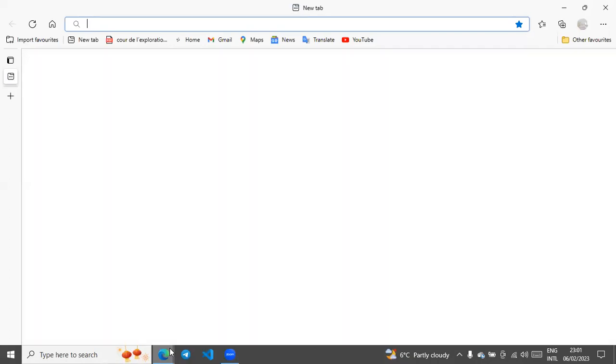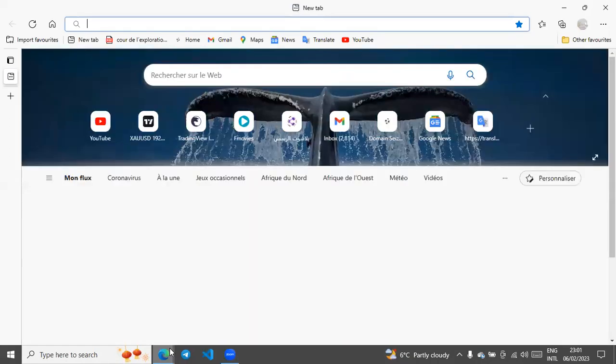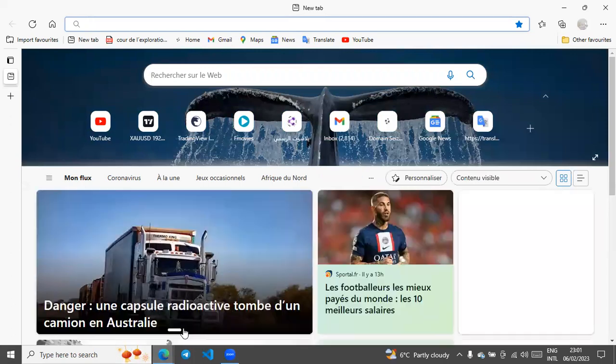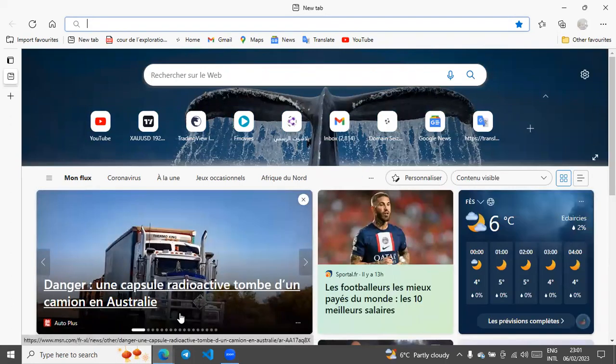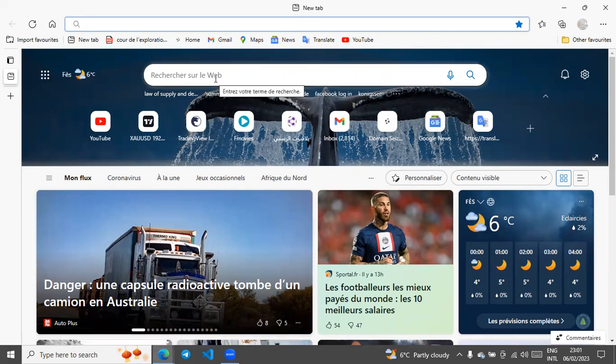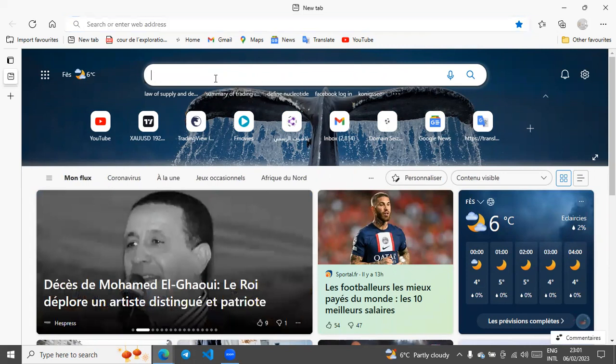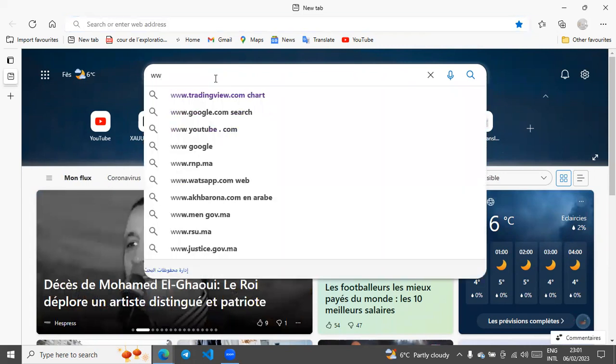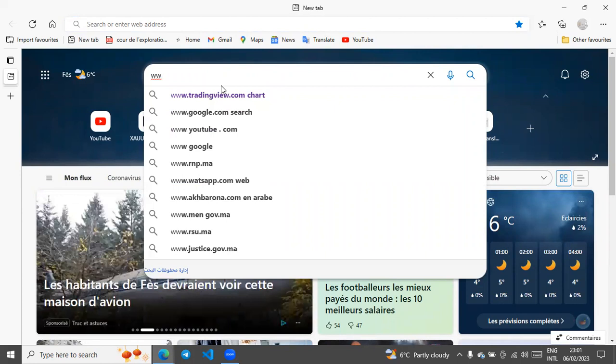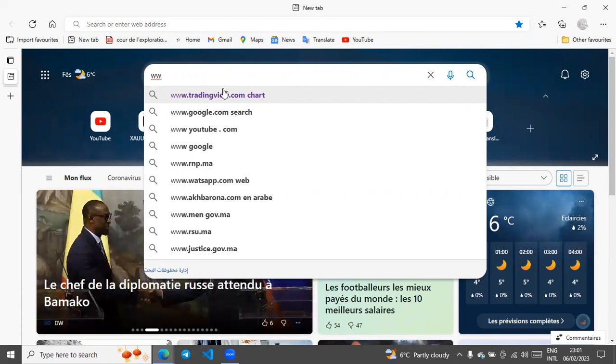Here I'm going to use Microsoft Edge to get to TradingView.com. I'm going to type www.tradingview.com, then click there.